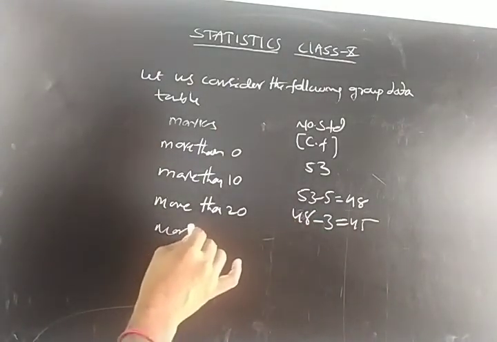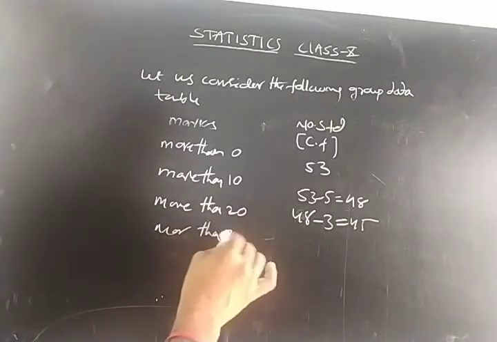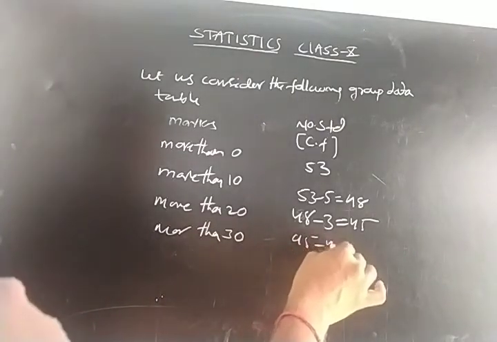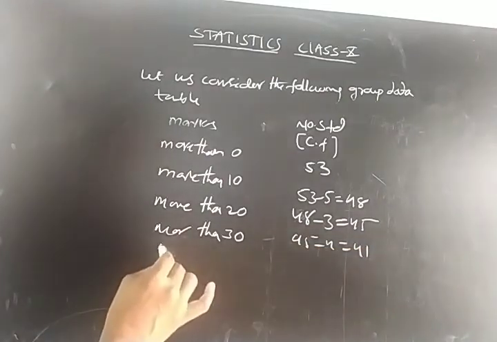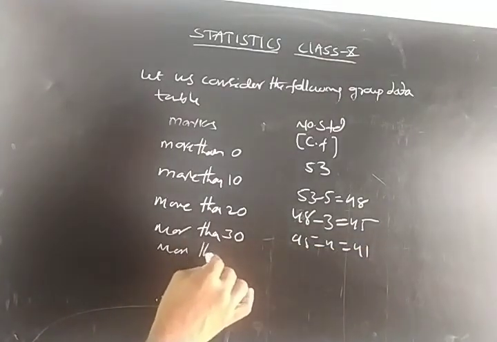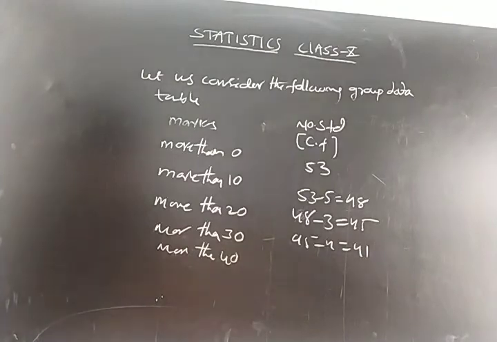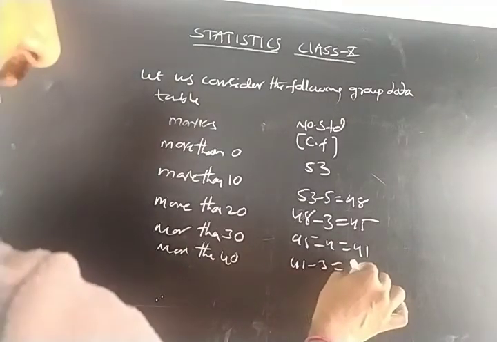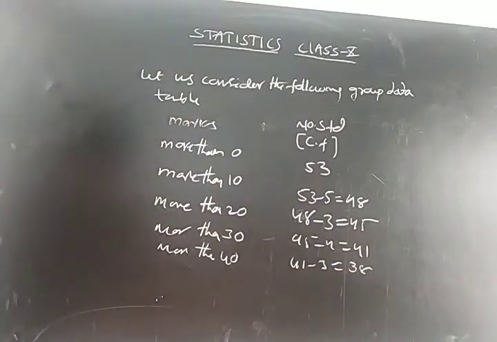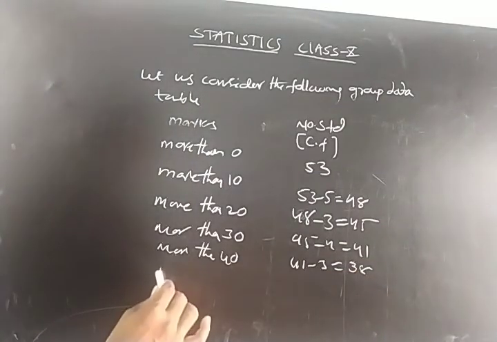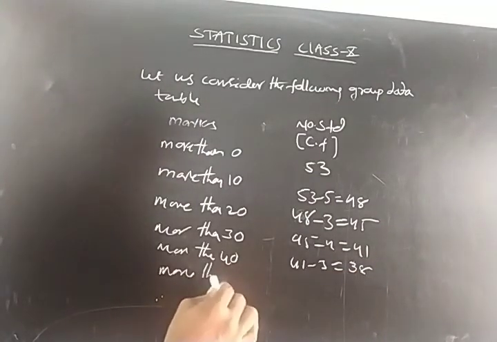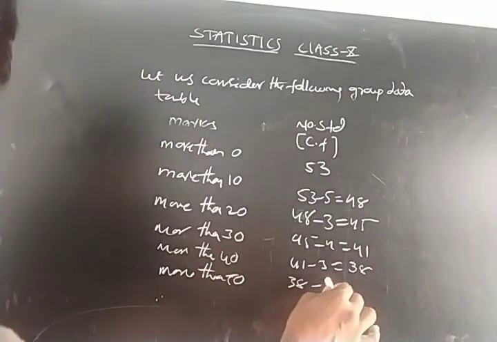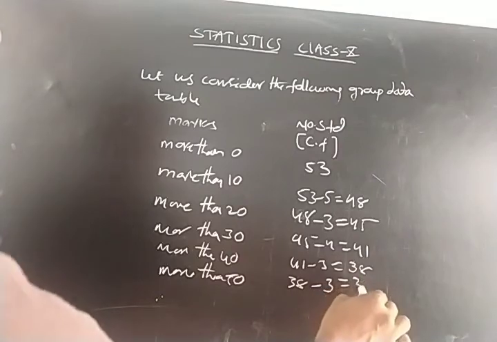Like this. Next more than 30: 45 minus 4, that is 41. More than 40: 41 minus 3 is 38. More than 50: 38 minus 3, that is 35.